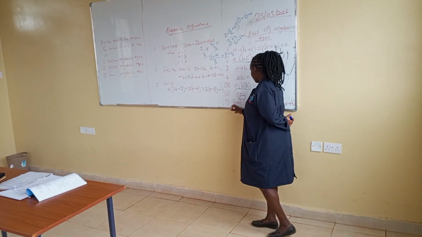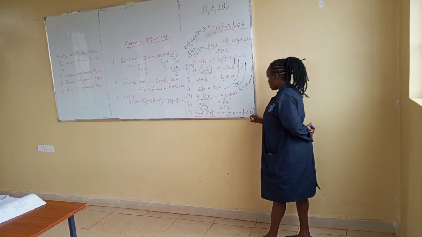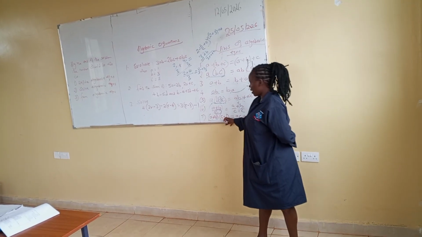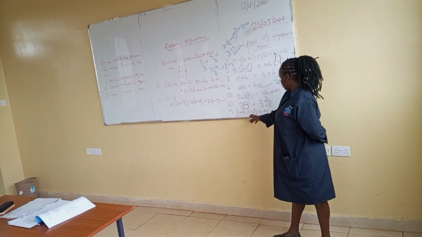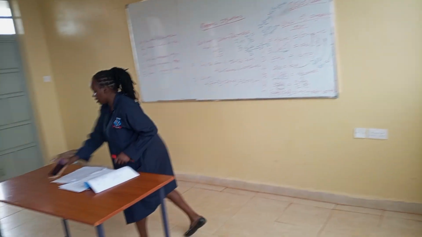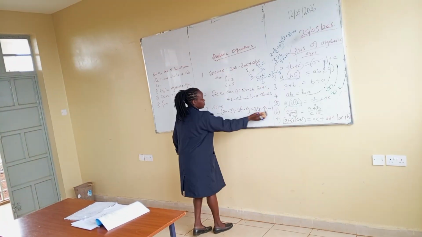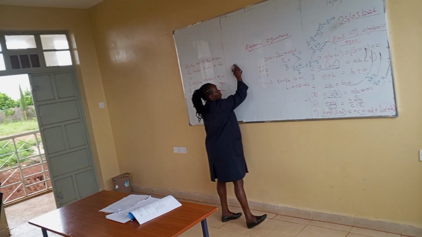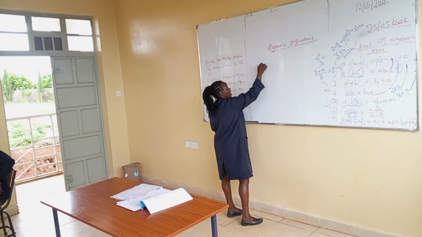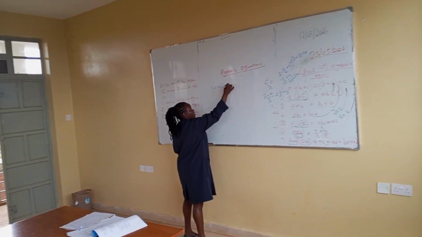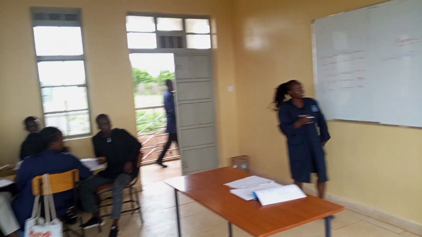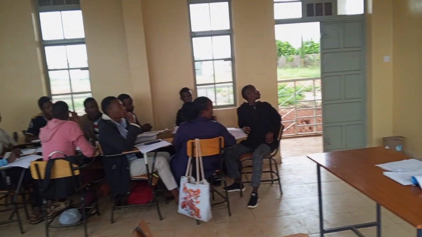Haya, and the last one, how do you find the two brackets? It will be A multiplied by C, B multiplied by D. So for this one, so that you can be able to understand in a simpler way, the last one. If you have A plus B multiplied by C plus D, the easiest one is to break one of the brackets.